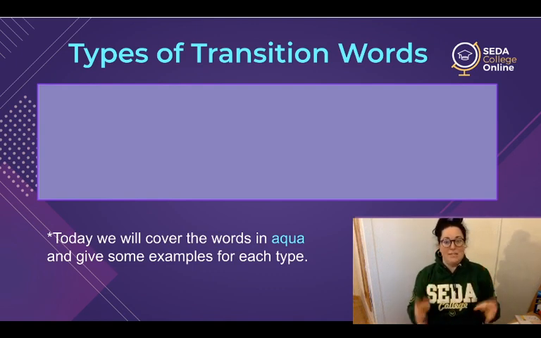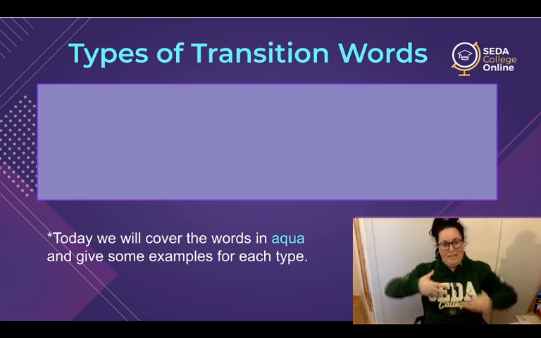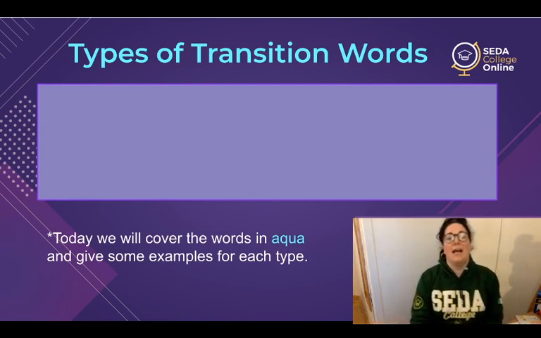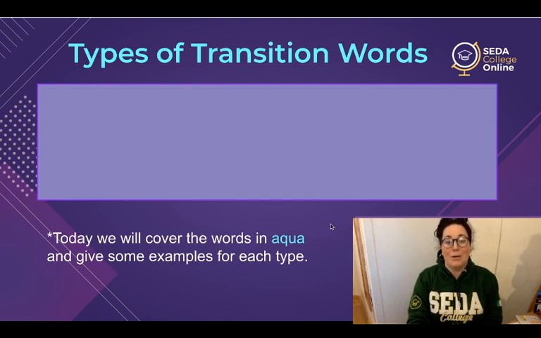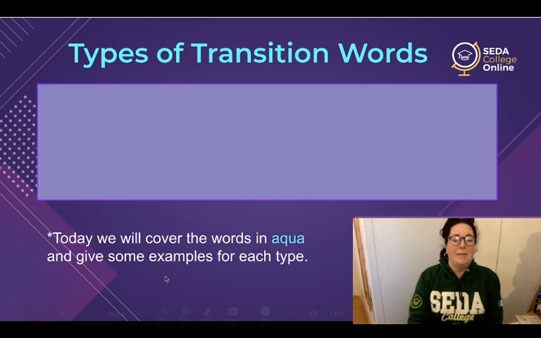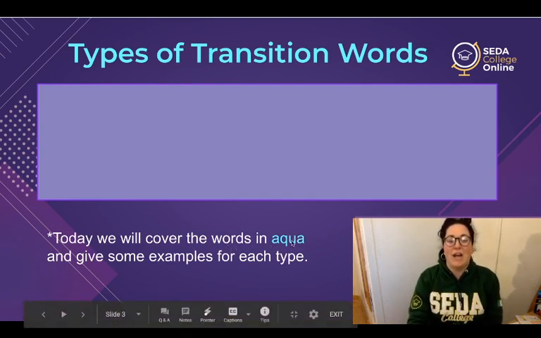It's going to be a different list. So some examples are as follows. These are the examples or the categories or the types that I've broken the words down into. And today we will cover the words that are in aqua, this blue aqua color, and give some examples of each type.